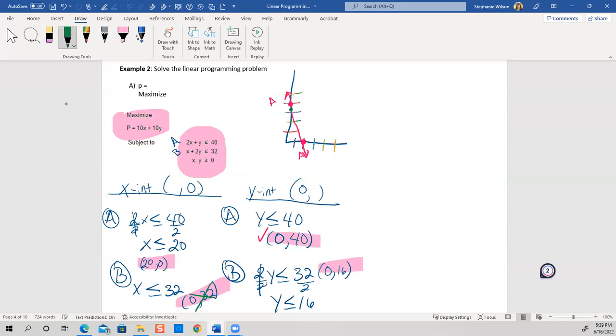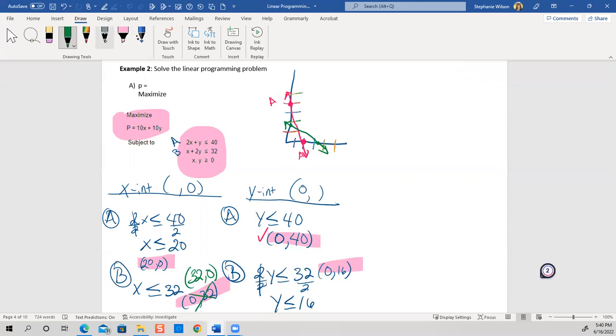My apologies, guys, that was an x-intercept, so it should have been 32, 0. If you caught that, kudos to you. So it's going to be 32, 0. And then its y-intercept is 0, 16. Now let's draw that line, and so they connect together.